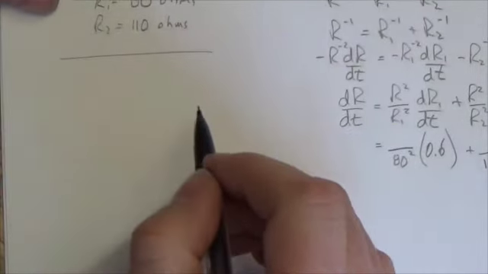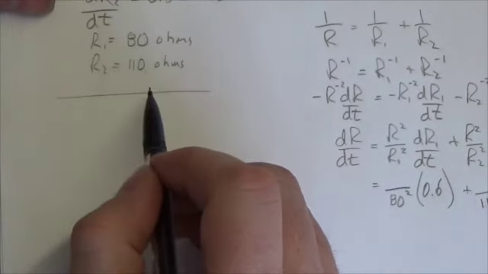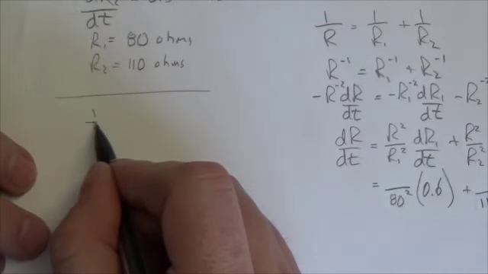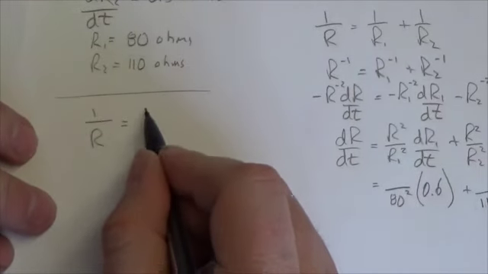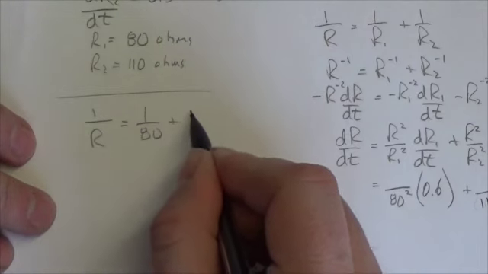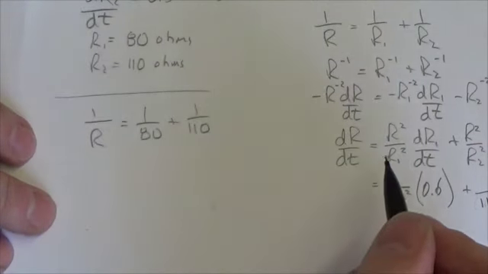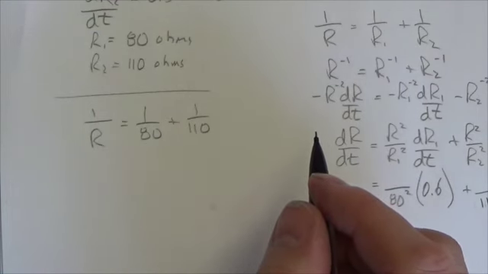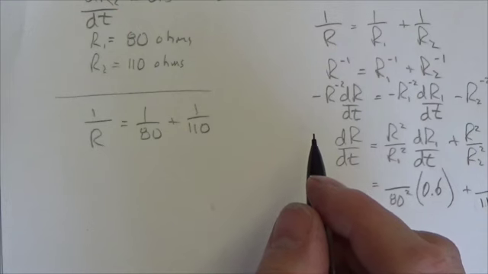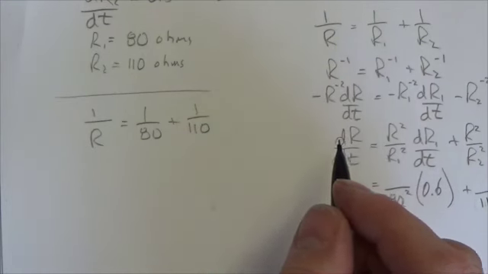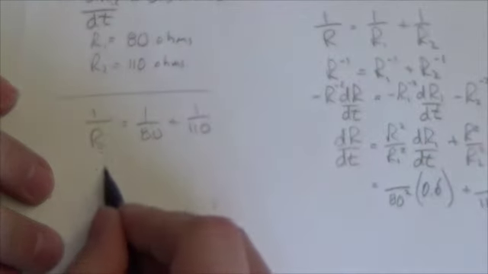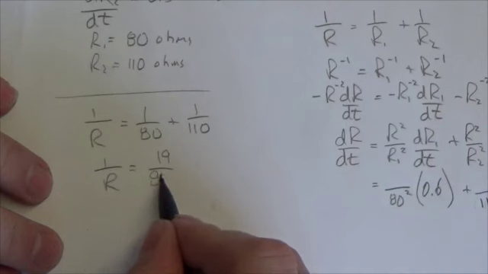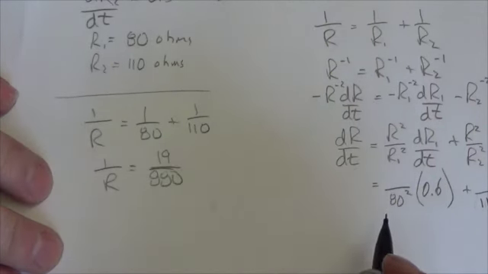When we have 80 ohms on R1 and 110 ohms on R2, 1 over R will equal 1 over 80 plus 1 over 110. I'm going to do this on my calculator, let that machine handle this, and then I will convert. What we get is that 1 over R is going to equal 19 over 880.